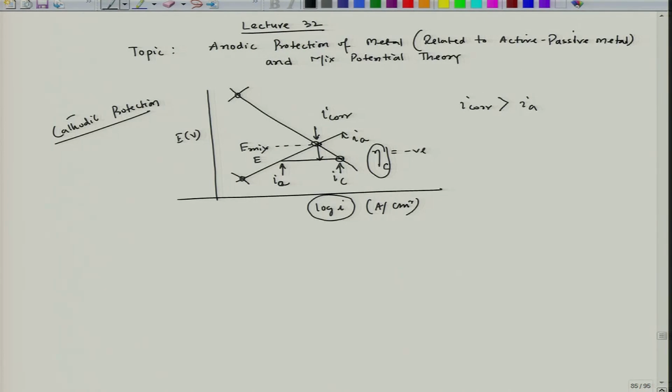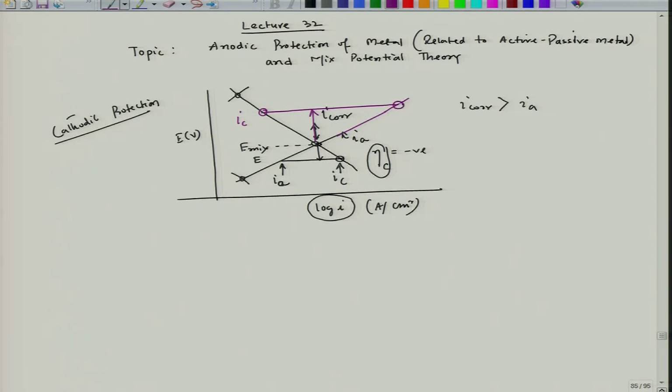But if I go in the positive direction, that time the situation becomes different. If I go in the positive direction from the stabilized E corr or E mix, I have to extend this line, and now let us say I have reached this particular potential. Interestingly, I see that the I C on this metal surface would be here, that means the I C decreases.